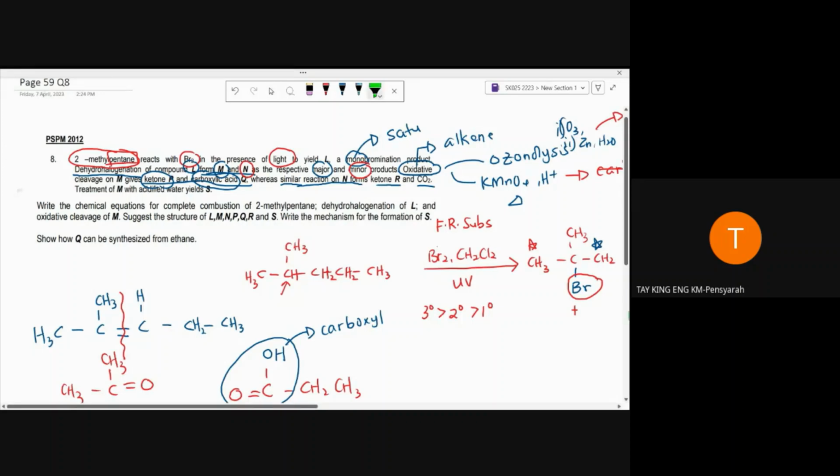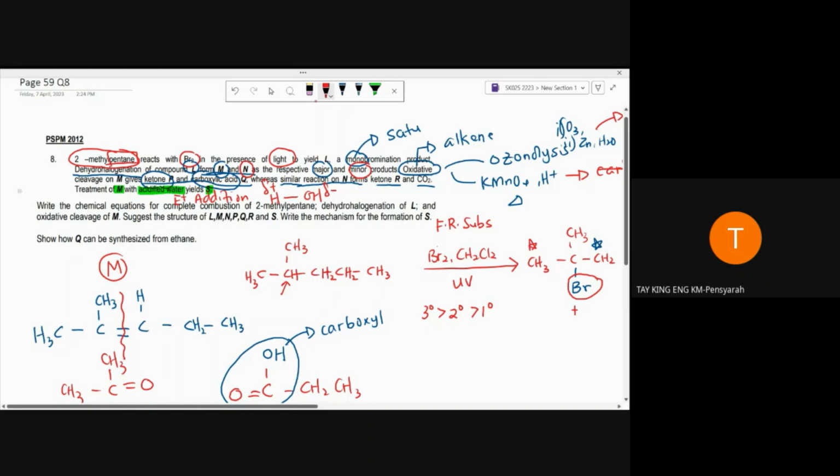Treatment M. So M tadi adalah this one akan react dengan acidify water. So akan hasilkan S. M ini adalah alkene. Alkene bila jumpa acidify water, dia type of reaction dia adalah electrophilic addition. So acidify water ini kita hanya fokus kepada H dengan OH. H adalah electrophile, OH adalah bahagian nucleophile.